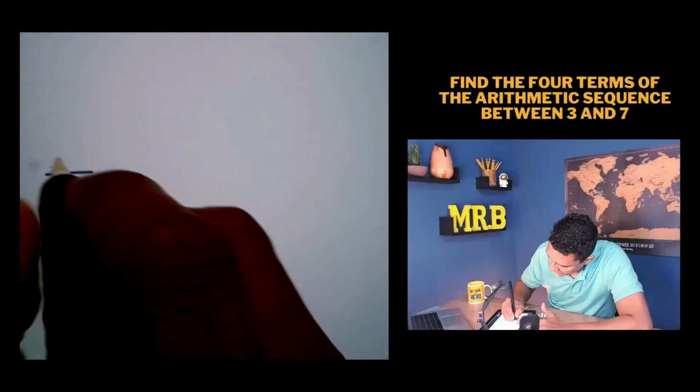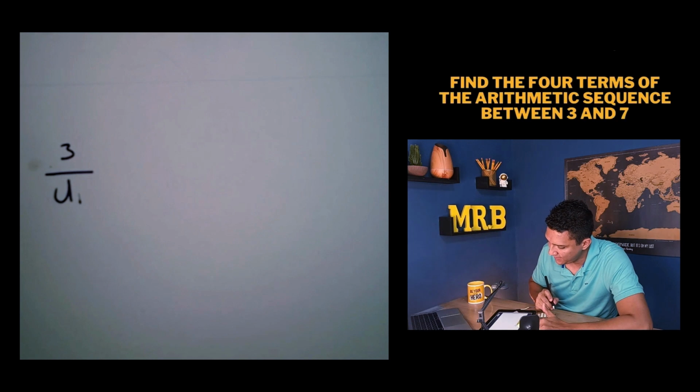Okay, you already finished the problem, so let's solve it. It says find the four terms of the arithmetic sequence between 3 and 7. Maybe you did it in a different way. It doesn't matter. I'm going to do it the way that I thought. I know that the first term is 3.